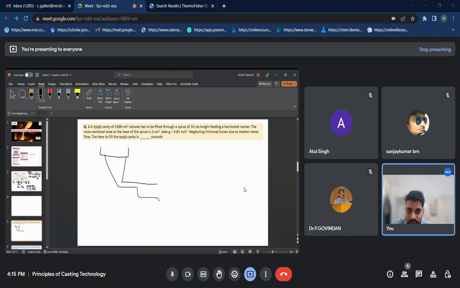Firstly, if we draw it, this is the sprue. From here the melt will be entering into a cavity whose volume is 1200 centimeter cube.